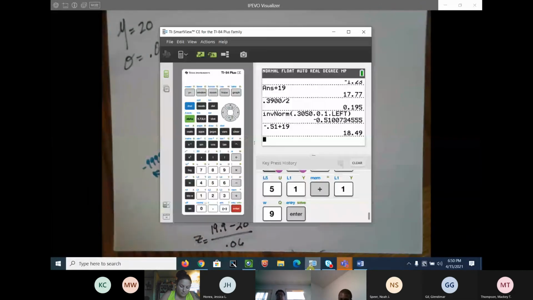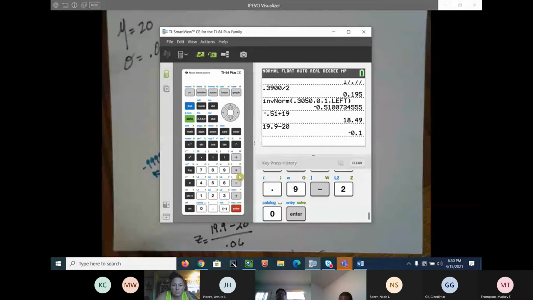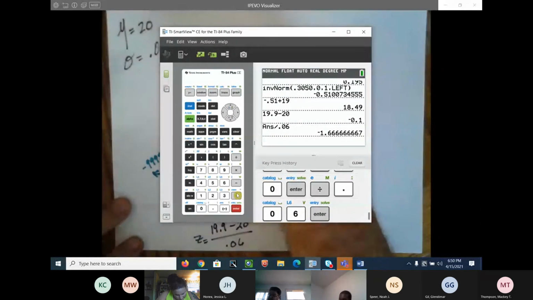I would ask y'all to do it, but sometimes I think y'all lead me astray. 19.9. I got negative 0.17. That sounds right. Divided by 0.06. I got 1.67. Is that what you got? Yes. So this z-score right here is negative 1.67.